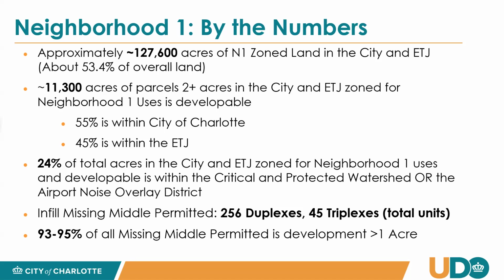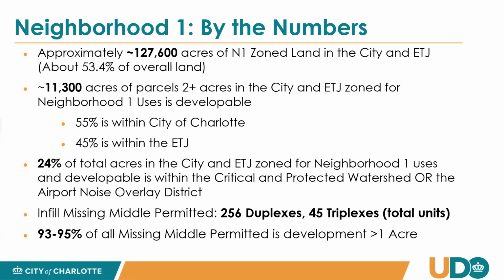As of today, we have seen approximately 300 total units. These are not buildings, but the actual number of units that qualify as infill missing middle, meaning it is a lot in a neighborhood and there is a new duplex on that lot that has been permitted, and there are no single family houses around it.